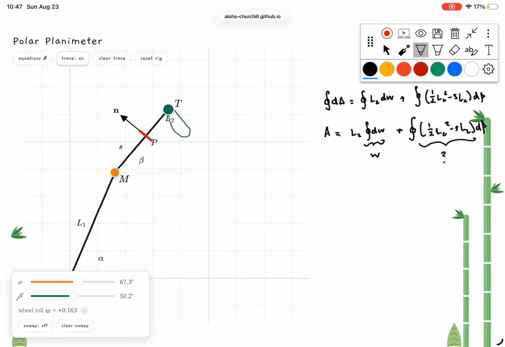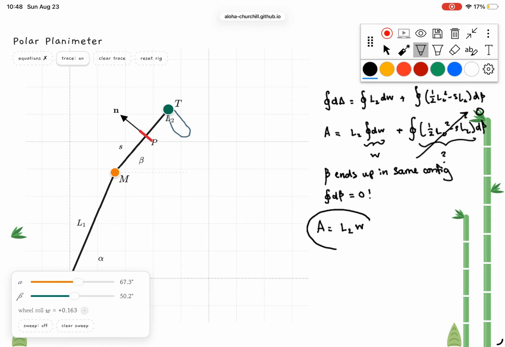And so the planimeter was designed so that after tracing around a closed curve, the configuration is the exact same in the beginning and at the end, which means that this term is simply just 0. So we can cancel that out, and in the end we have this shockingly simple result, which is that the area of the enclosed shape is just L2 times the wheel distance roll term.